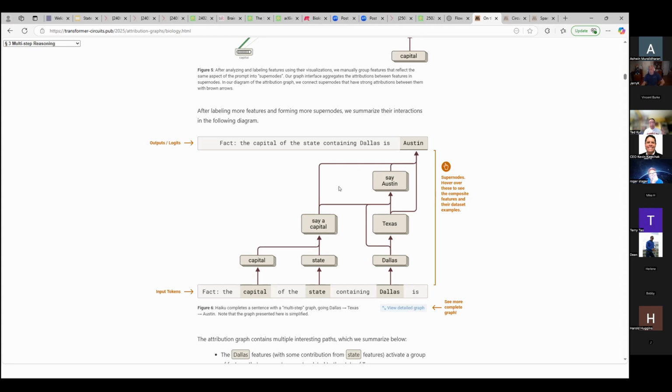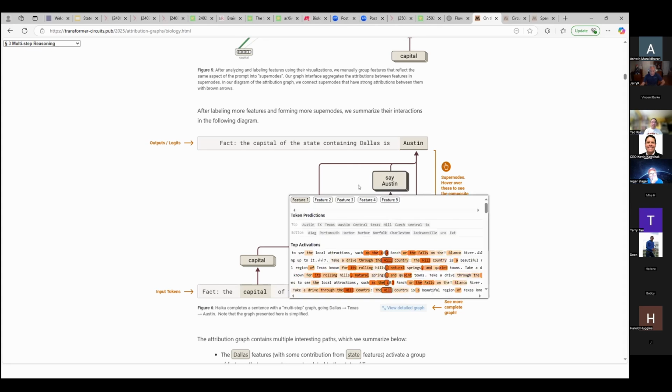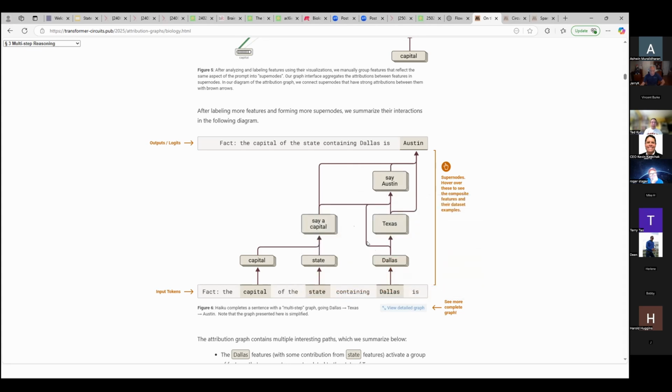So maybe it has like a 0.15 value or whatever. But this say Austin is not only getting promoted from say capital, it's getting promoted from Dallas and from Texas. And so maybe this guy bumps up to a 1.5 or something like that. And so when you combine all of these things, other ideas like Sacramento wither on the vine and die, and say Austin keeps getting reinforced and gets bigger and bigger till the point where Austin is actually the next token.